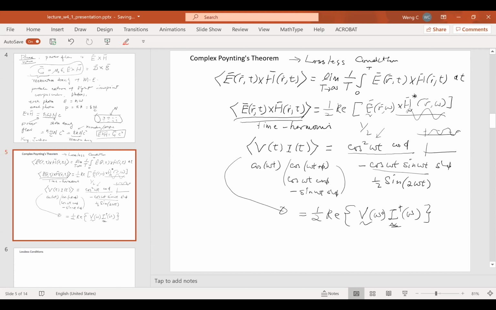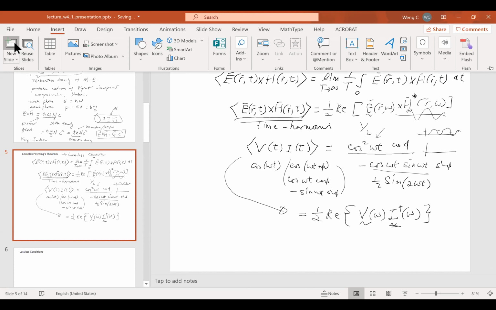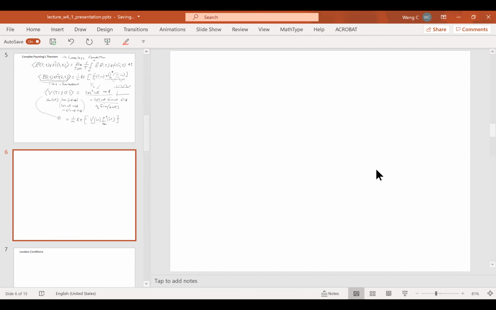This is a very important formula. It can be proved very easily. So I encourage you to commit this to memory so that you would not forget this, okay? Please commit this to memory.